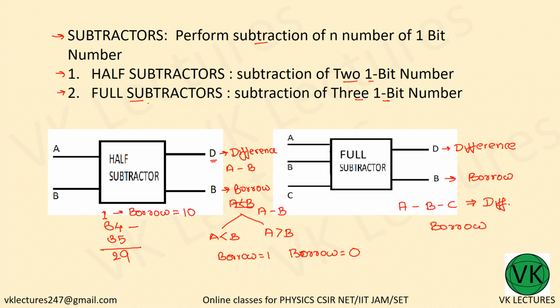Now in this case, if A is less than B or B is less than C, if either A is less than B or B is less than C, then your borrow value equal to 1.